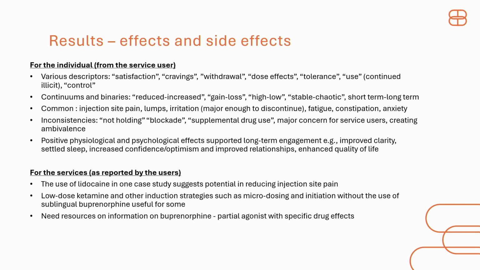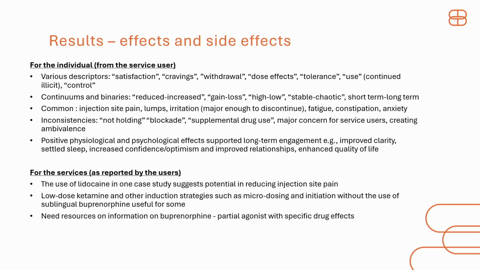For effects and side effects, there were a lot of descriptions, described as satisfaction, cravings, withdrawal, dose effects, tolerance, use, and control. All these descriptors were set within continuums and binaries like reduced, increased, gain, loss, high, low, stable, chaotic, short-term, long-term. But what was common were descriptions of injection site pain, lumps, and irritation, and these were major enough for people to discontinue LAIB.